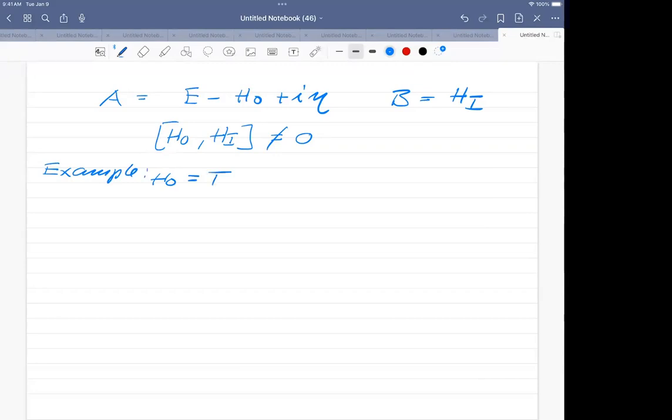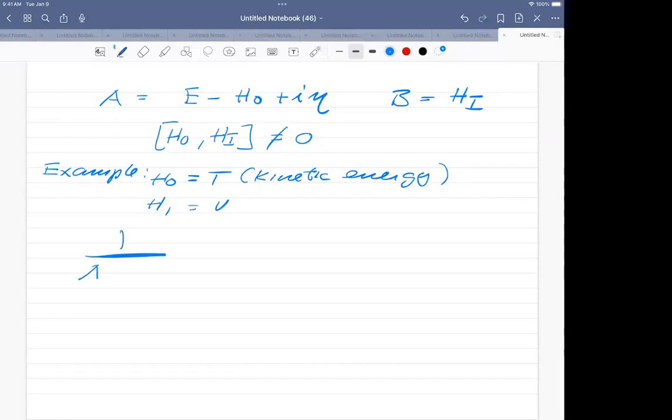This could just be the kinetic energy. And then H of I could just be some kind of potential. It could be a one-body potential, it could be a two-body, or whatever we are looking at. And we know that the T and V do not commute.